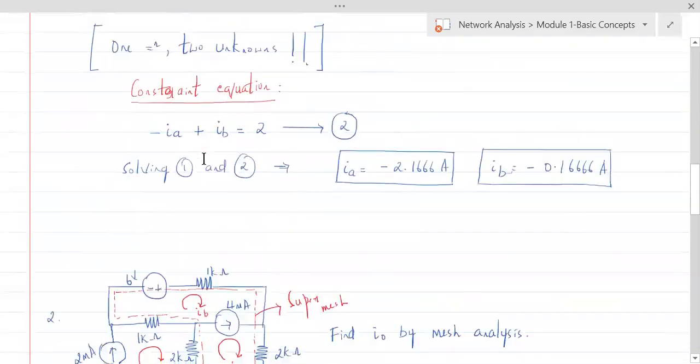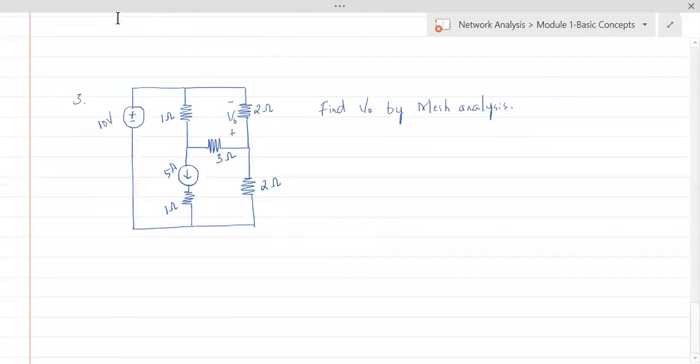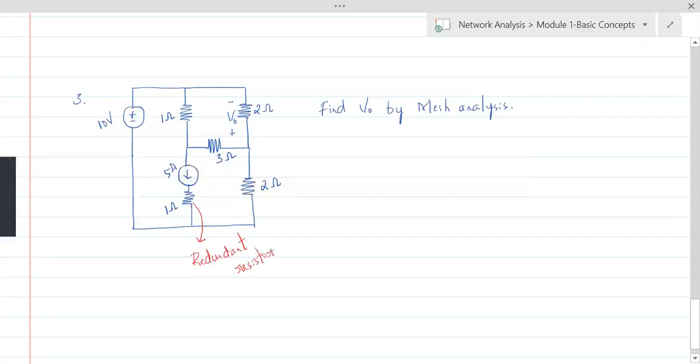And understand this, a resistor in series with the current source is a redundant resistor. Anybody who knows what is redundancy?